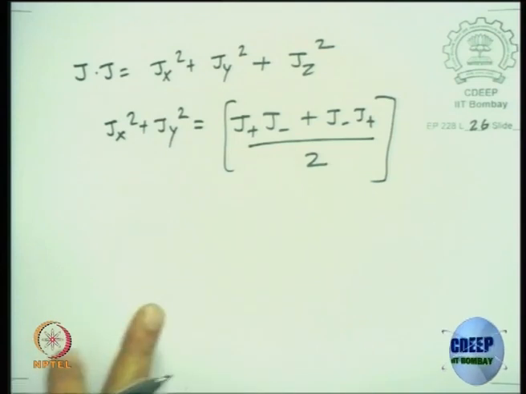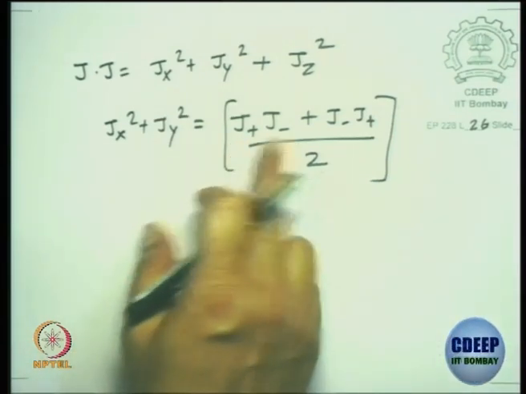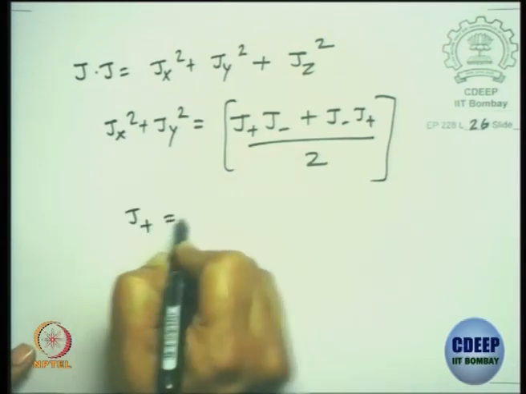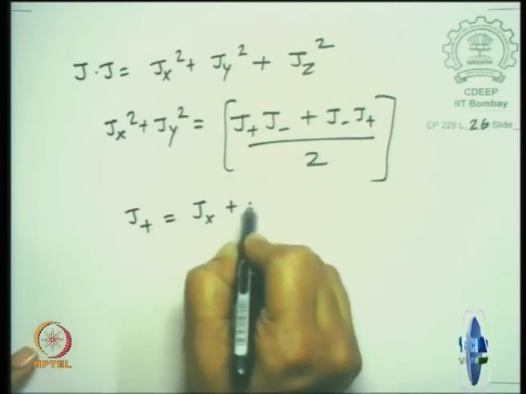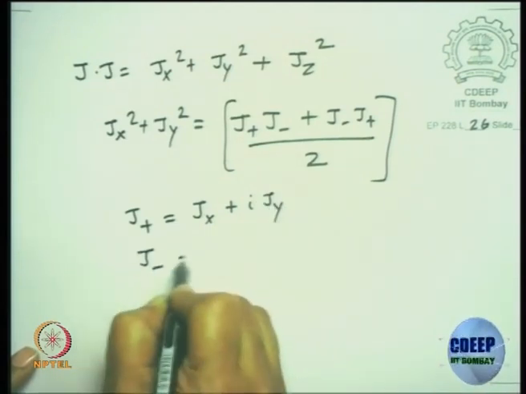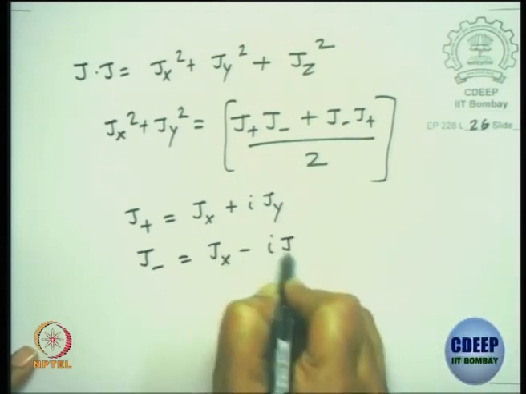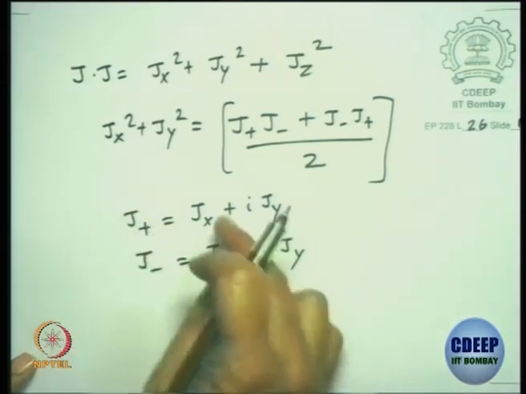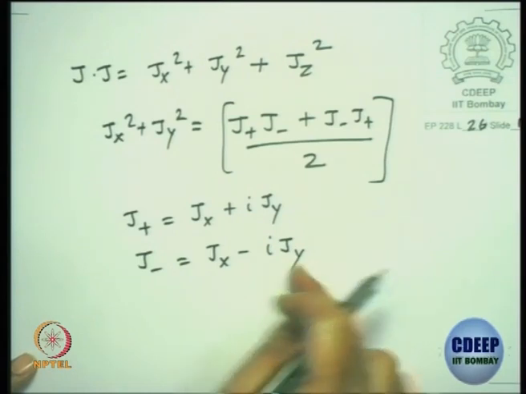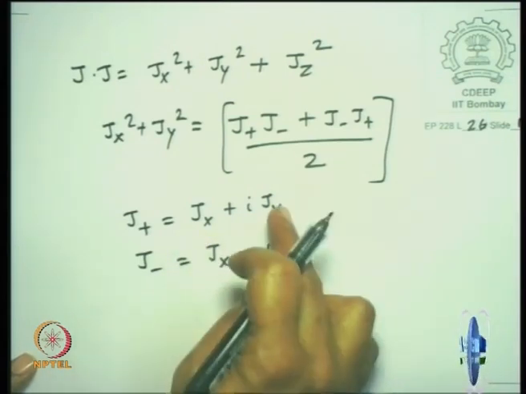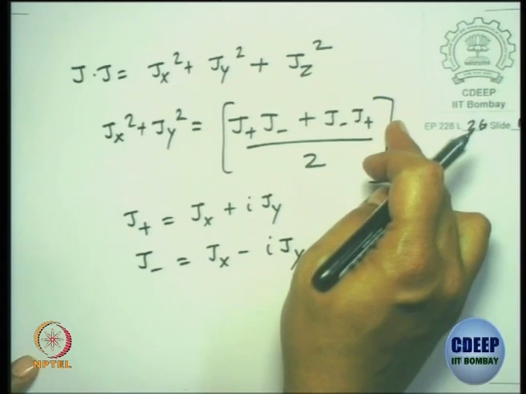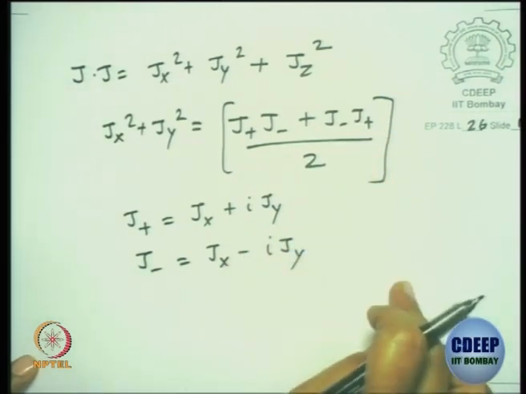I need to do this. Why? Because J plus and J minus don't commute. So what is J plus and J minus? J plus is Jx plus i Jy. J minus is Jx minus i Jy. Is that right? So if you take the product of these two, it is Jx squared plus Jy squared, but you also have a Jy Jx and Jx Jy, which don't commute. So you need to take the other combination so that the cross term cancels.